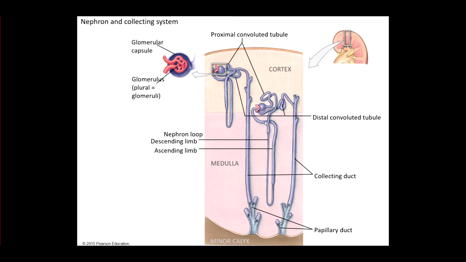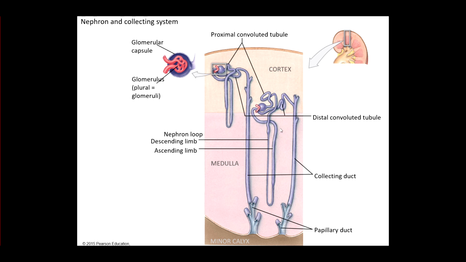Then watch this. The distal convoluted tubule, notice something, just keep this in the back of your mind, is always going to go to where the afferent and efferent arterioles are. They're always going to pass over there. I'll show you why in a minute. And then it's going to become a twisted tube, and then it's going to end over here when it drains, at this point, urine into this collecting duct over here.